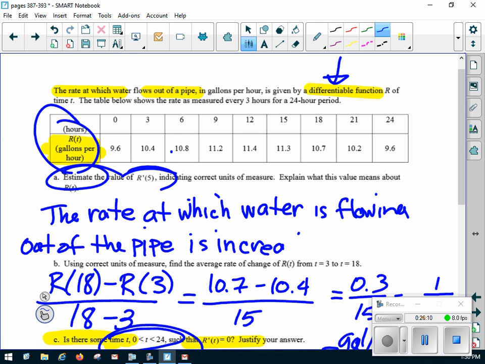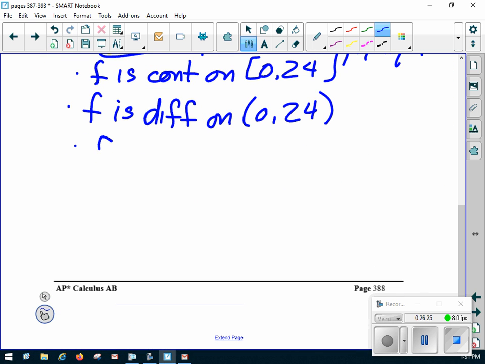Is that last piece true anywhere? On that interval, is f of a equal to f of b anywhere? Yes. Where? 0. F of 0 equals f of 24.